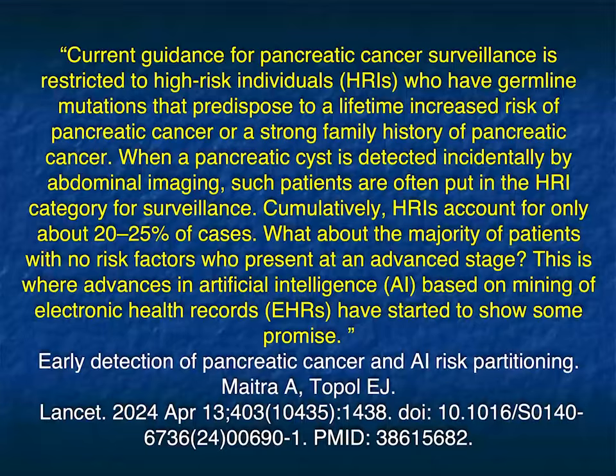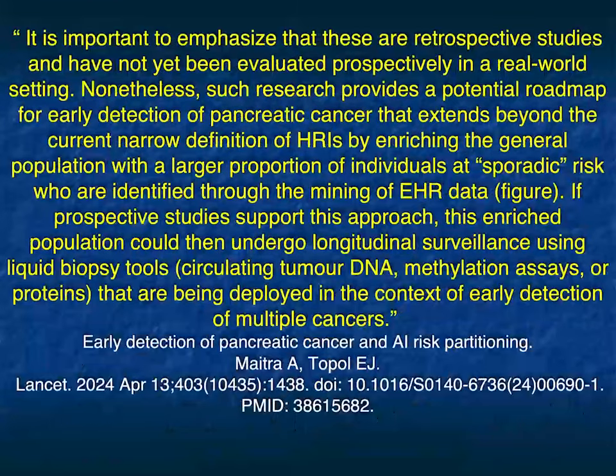And yes, you could pick up a couple of cancers at an earlier stage, but again, it's limited in how many patients are being taken care of. When we speak about AI and developing algorithms, we need to look at the 85% of the cases that are not related to genetic changes. We need to find all of the cancers.